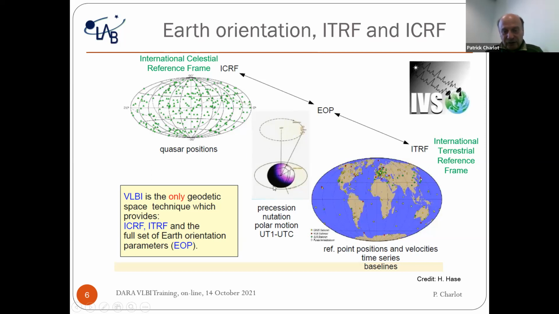And as I said, you have to monitor the rotation of the Earth, but also the motion of its axis with respect to space, and also with respect to the Earth's crust. And as I said, VLBI is the only geodetic space technique that can measure all this at once. So it's a complete determination of the system.